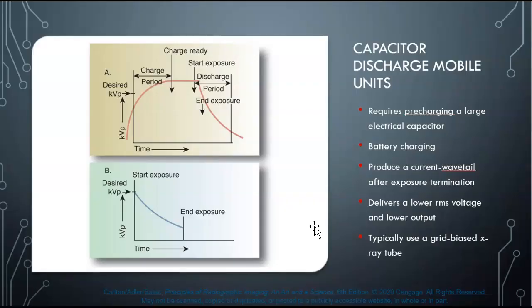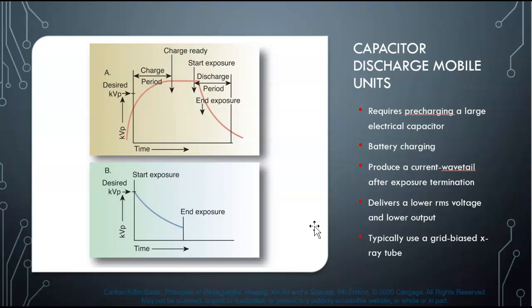Okay, capacitor discharge mobile units require pre-charging a large electrical capacitor. Do you guys remember what a capacitor looked like? It had 2 plates looking at each other and then they charge up and then you're able to discharge them, okay? So you have to plug them in all the time. So we'll use portables with this. It produces a current wave tail after exposure termination.